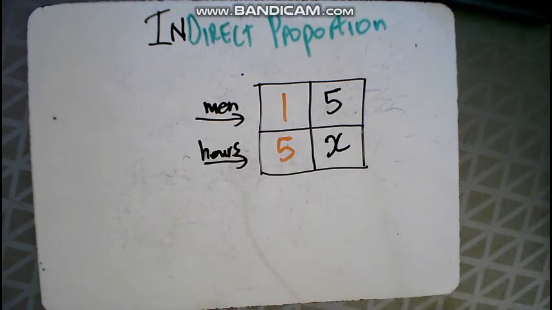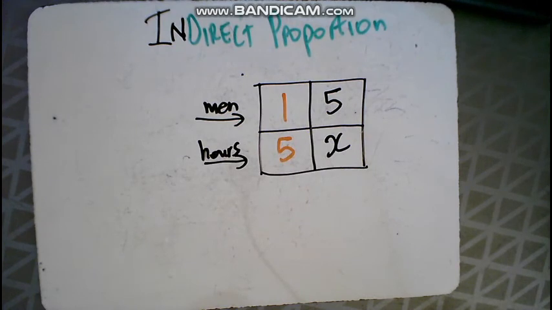That's the secret. So let's use logical reasoning. If I dig one hole by myself, it'll take me 5 hours. If I get 100 men, that hole's going to be very quick to dig. So if we have more men digging the hole, it's going to take less time.